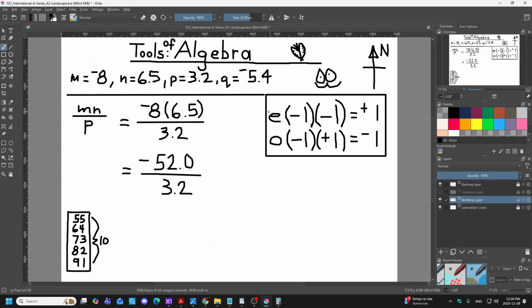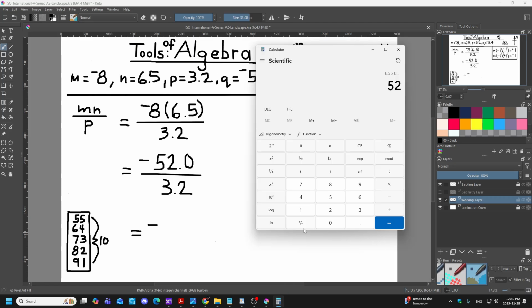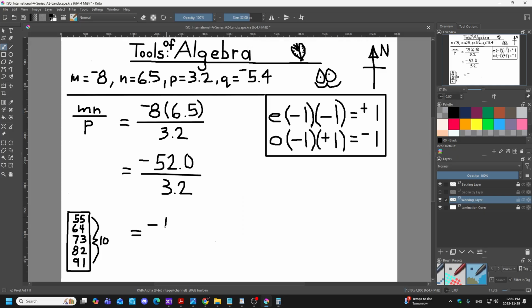Now, following this rule, even odd, or you could just remember that a negative times a positive, or a negative divided by a positive, is simply going to return a negative answer. Okay? That is divided by 3.2, and we get 16 and a quarter essentially.